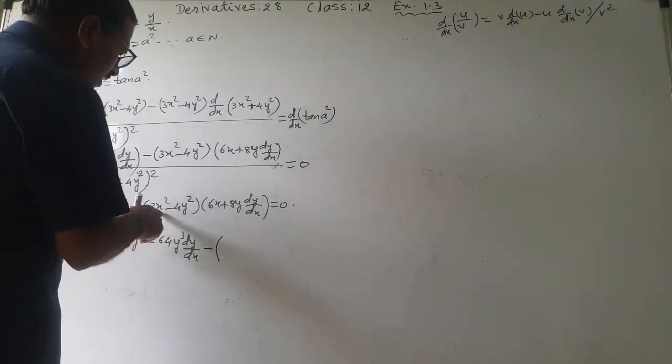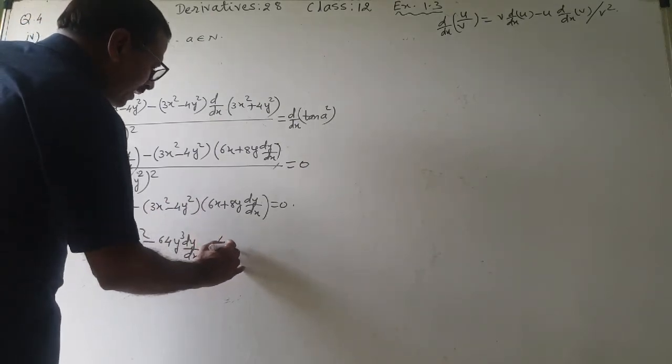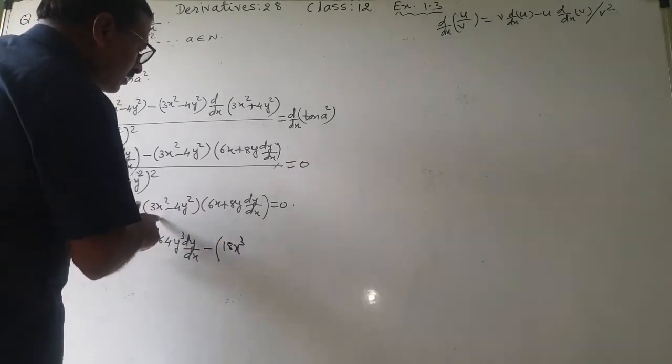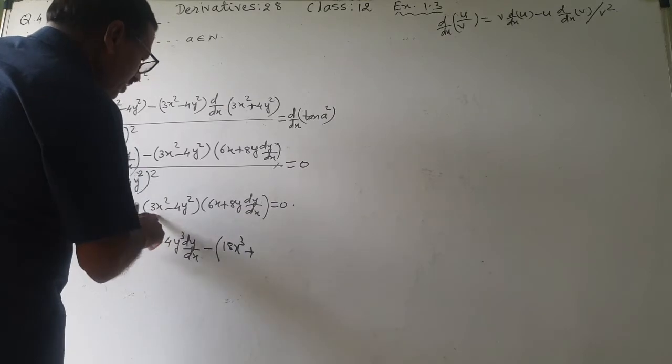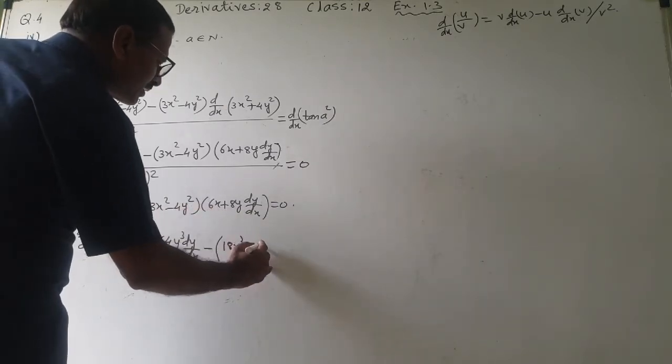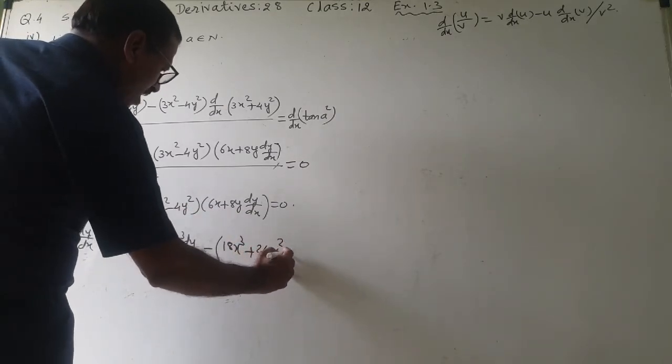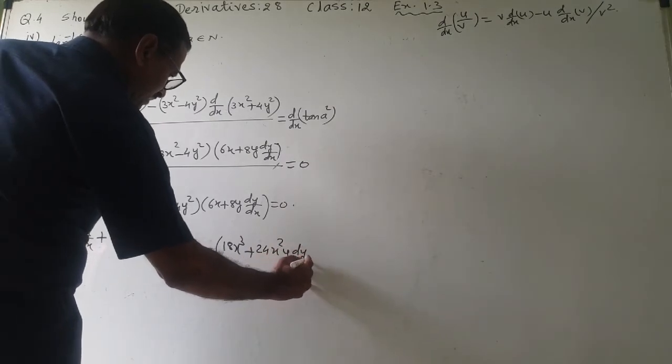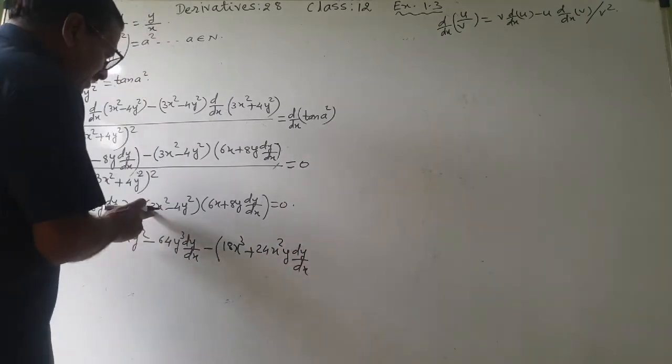So 3x square into 6 is 18x cube plus 3x square into 8y, 3 eights are 24 x square y dy by dx. Now by this I have multiplied.